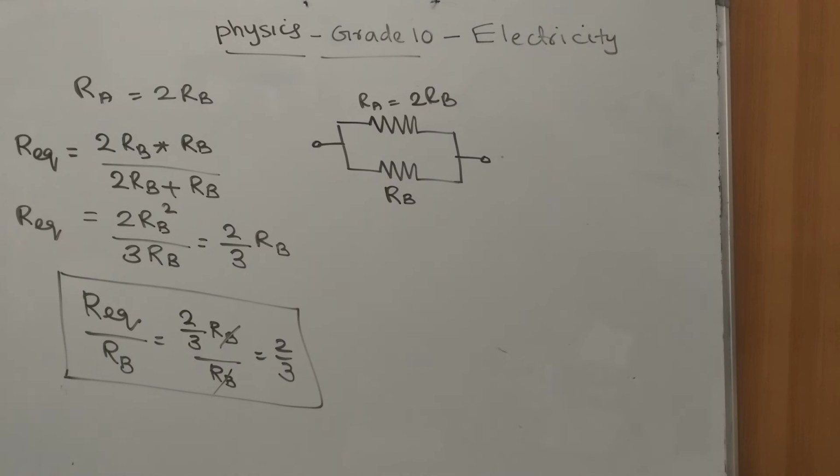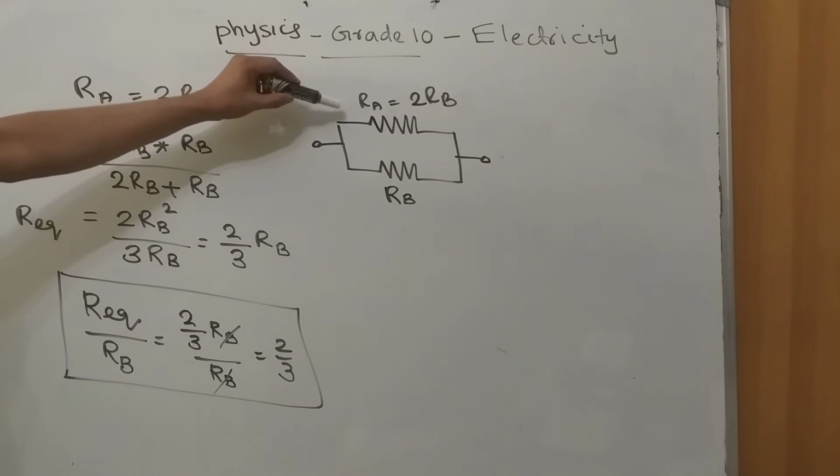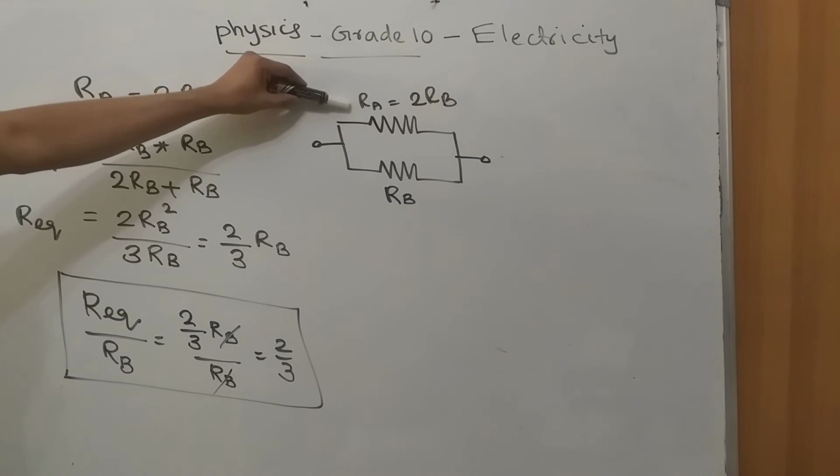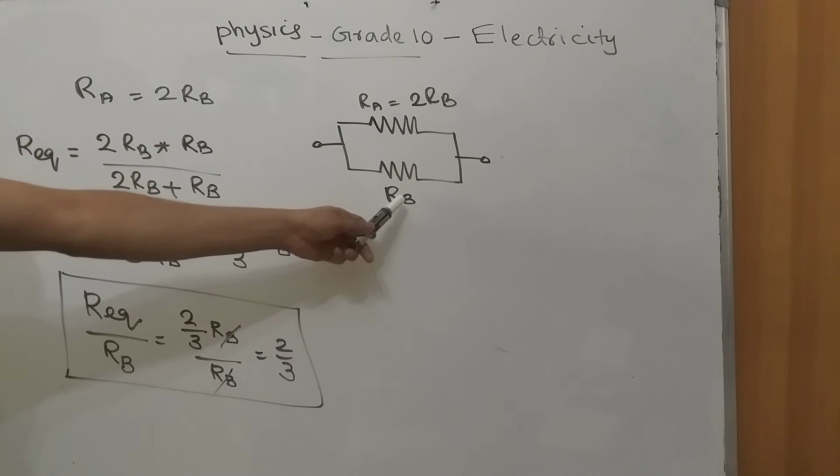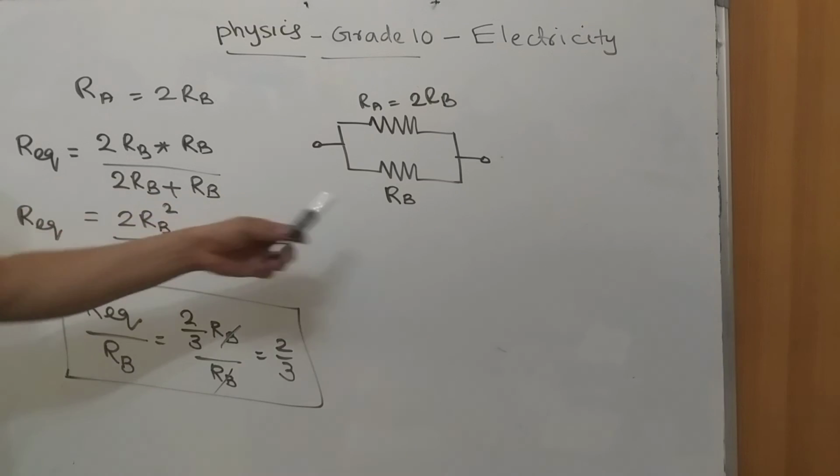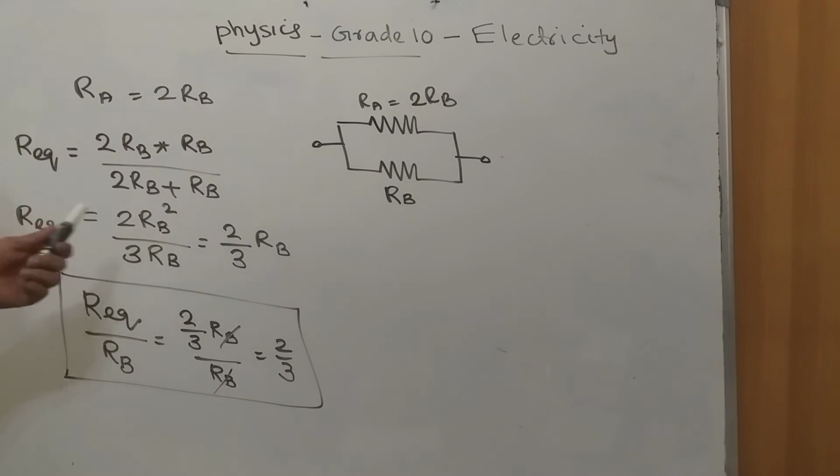Now the same question you may also expect in another way, like R equivalent represented in terms of RB. In such cases, you have to find the equivalent value in terms of RB. If you redraw the circuit, RA will be 2RB and the lower resistor will be RB, so RA is equal to 2 times RB.